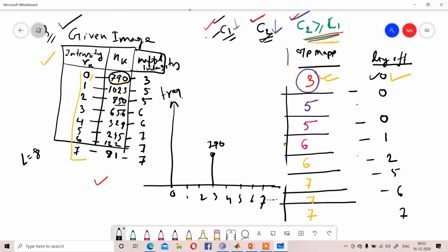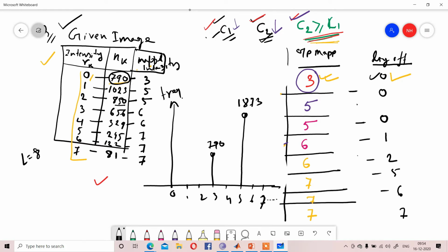So in addition you have 1873. So for 5 the histogram will show you the frequency level of 1873. For 6, 656 number of 6's you have, and 329 number of 6's you have.